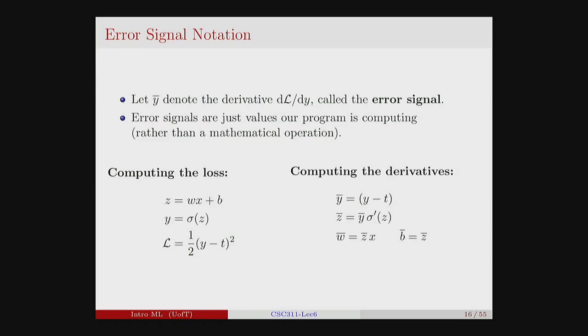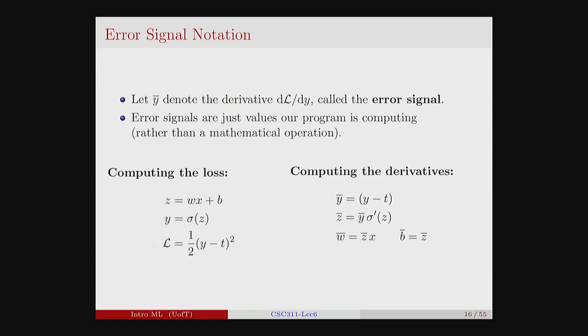As before, we're working with the logistic least squares model. So we have z equal to wx plus b, y equal to sigmoid of z, and L equal to the squared loss. To compute the gradients with respect to the input, we're going to go backwards in the flow of operations that we had. We're first going to compute the gradient of the loss with respect to y.